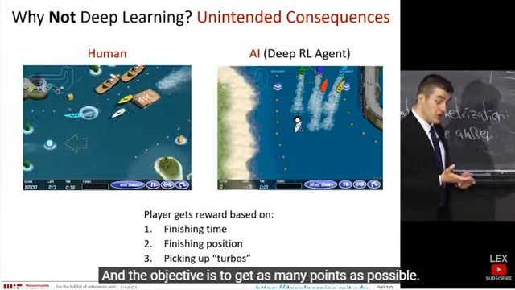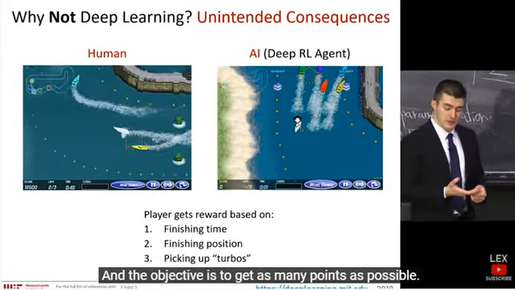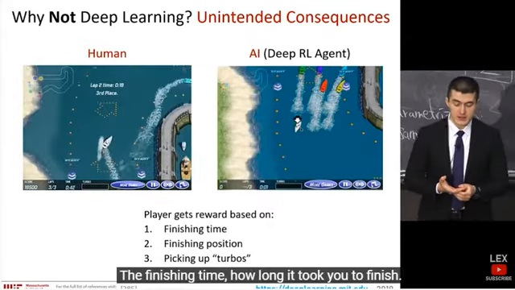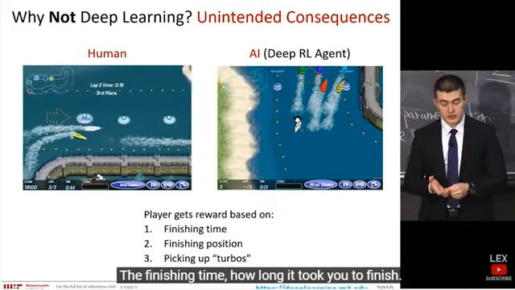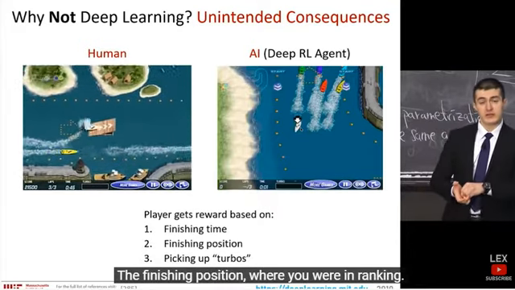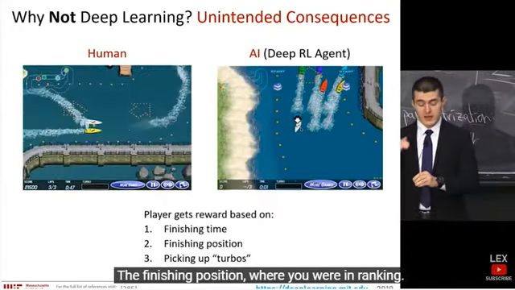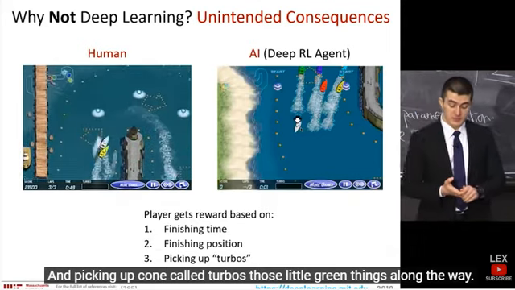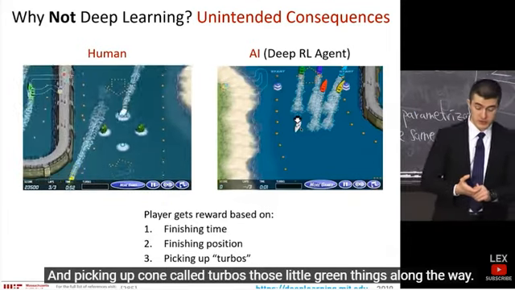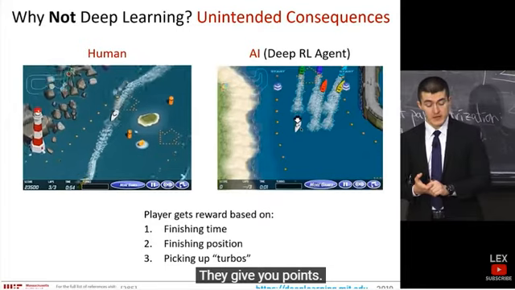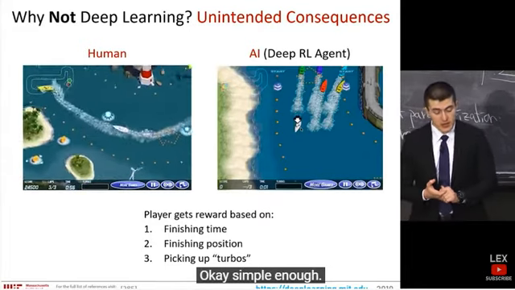And the objective is to get as many points as possible. There are 3 ways to get points: the finishing time, how long it took you to finish, the finishing position, where you were in the ranking, and picking up quote-unquote turbos, those little green things along the way. They give you points. Okay, simple enough.